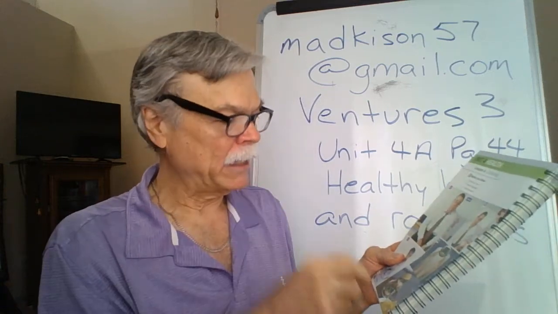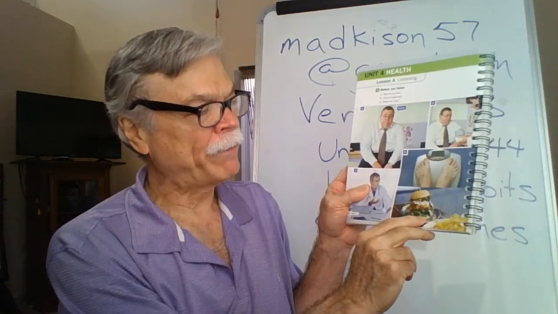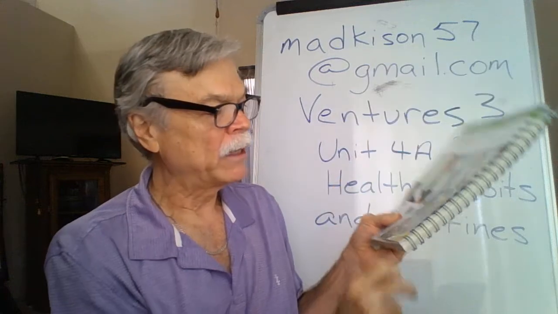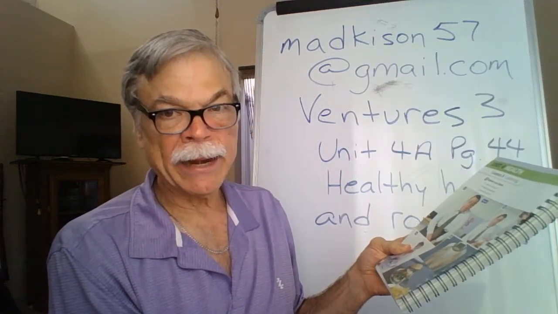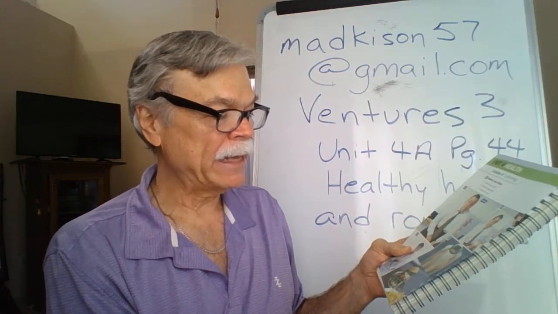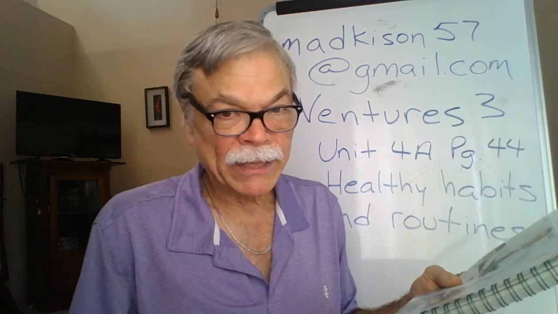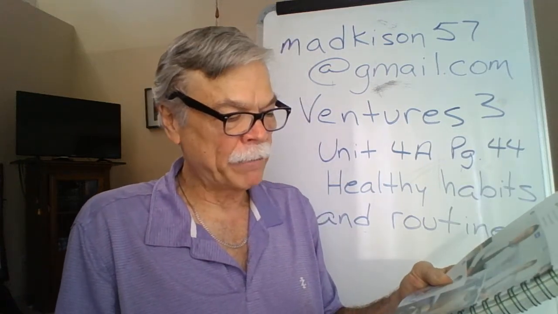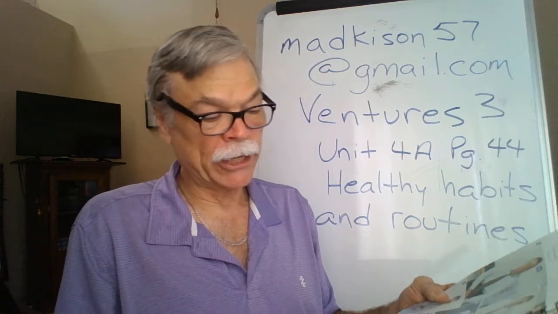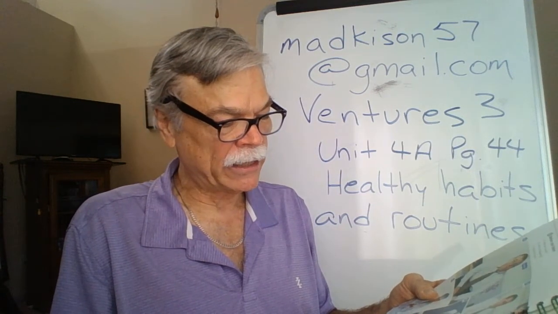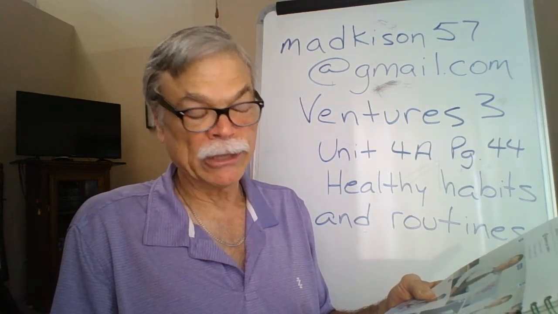And if you look down here at the bottom of the picture, in the bottom right corner, there's a nice juicy hamburger. And it has all the toppings on it. It has cheese and bacon, maybe some onion rings. It's got lettuce, onions, and it's huge.